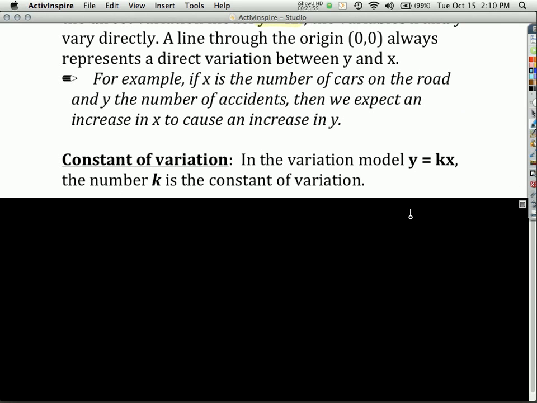The constant of variation. Again, big fancy phrase, constant of variation. It's almost like you're in a high school AP class all of a sudden. You've got these really high level terms. The constant of variation is k.